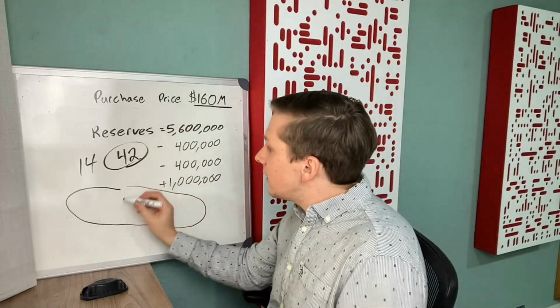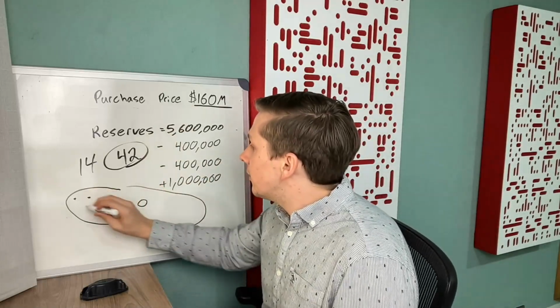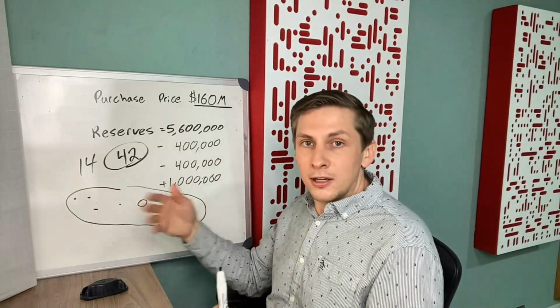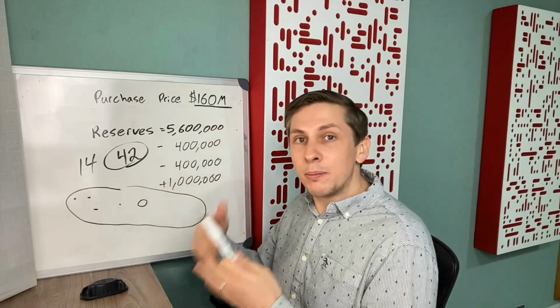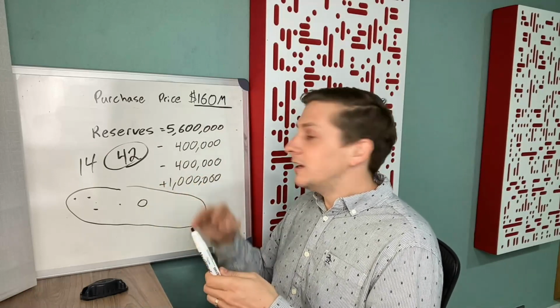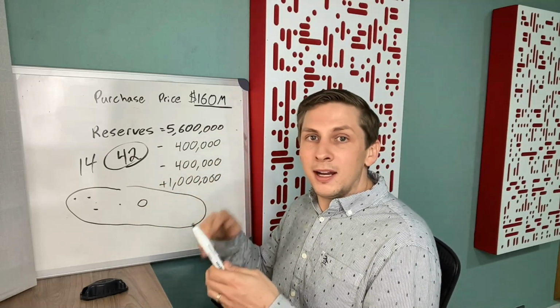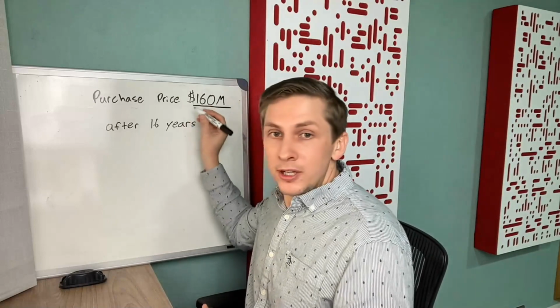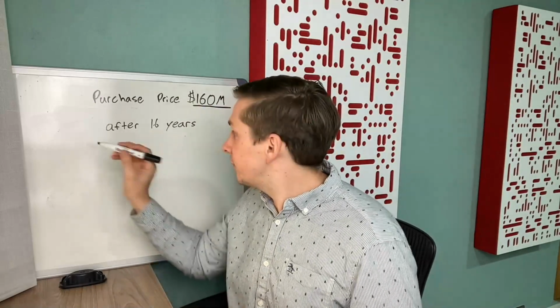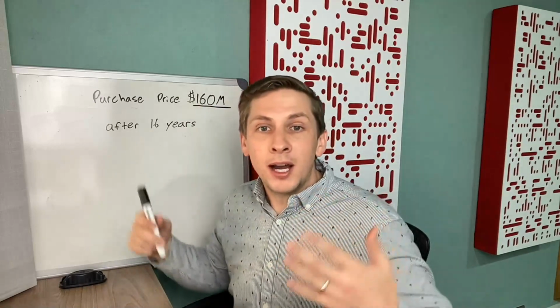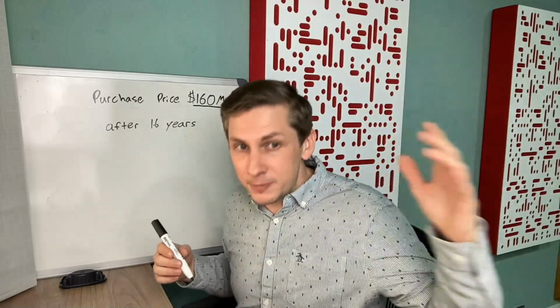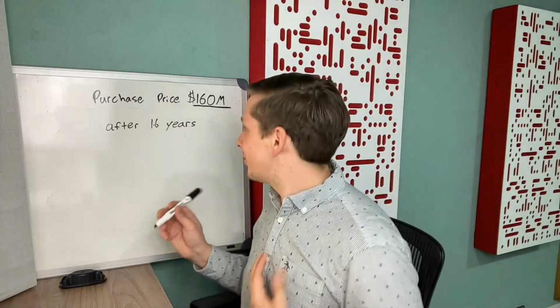So anything that they discover here, anywhere in here, Sandstorm is going to get a stream on that. So they continue replacing their attributable ounces even as the mine is depleting these reserves every single year. So just from an accounting perspective, after they've depreciated the entire purchase price after the 16 years, the mine starts to look a lot more profitable. But just from an accounting perspective, it's been cash flowing like crazy this whole time.